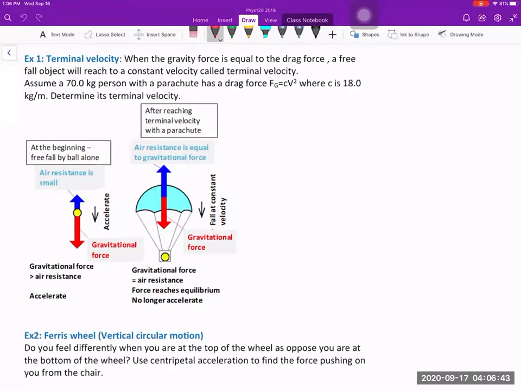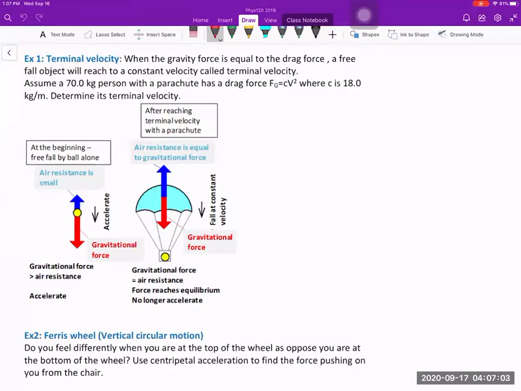Okay, so as you can see here, we have two pictures. On the left represents the situation where you just start jumping out of the airplane. You just start beginning to open the parachute, or you didn't open the parachute.